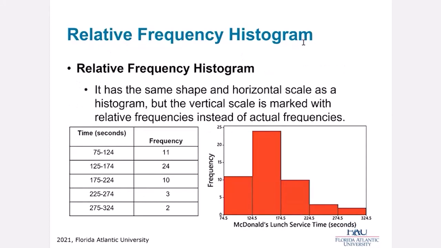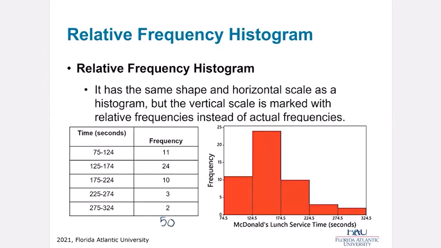A relative frequency distribution has the same shape and horizontal scale as a histogram, but the vertical scale is marked with relative frequencies instead of actual frequencies. What would a relative frequency be? I would add up all the people that went through. I have 11 plus 24 plus 10 plus 3 plus 2, which would give me 50.